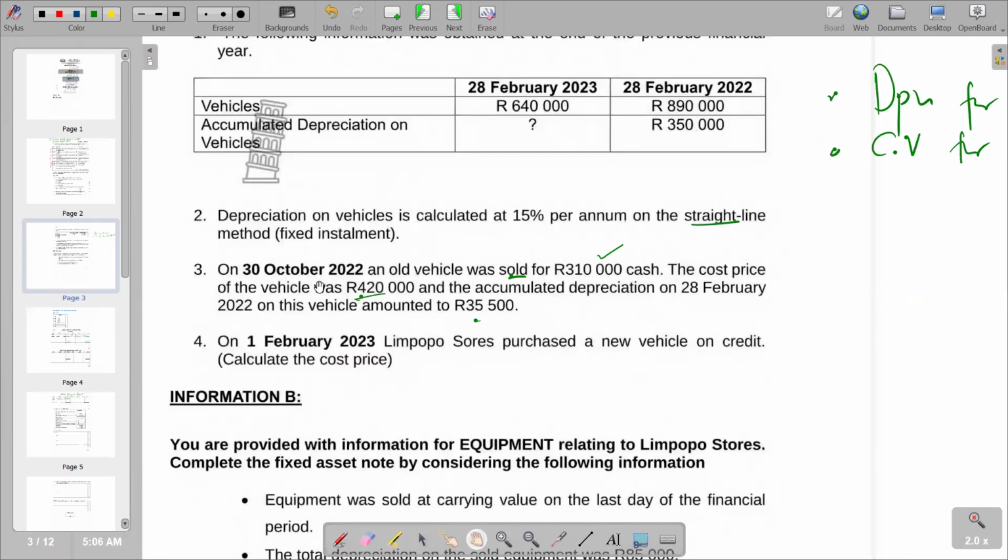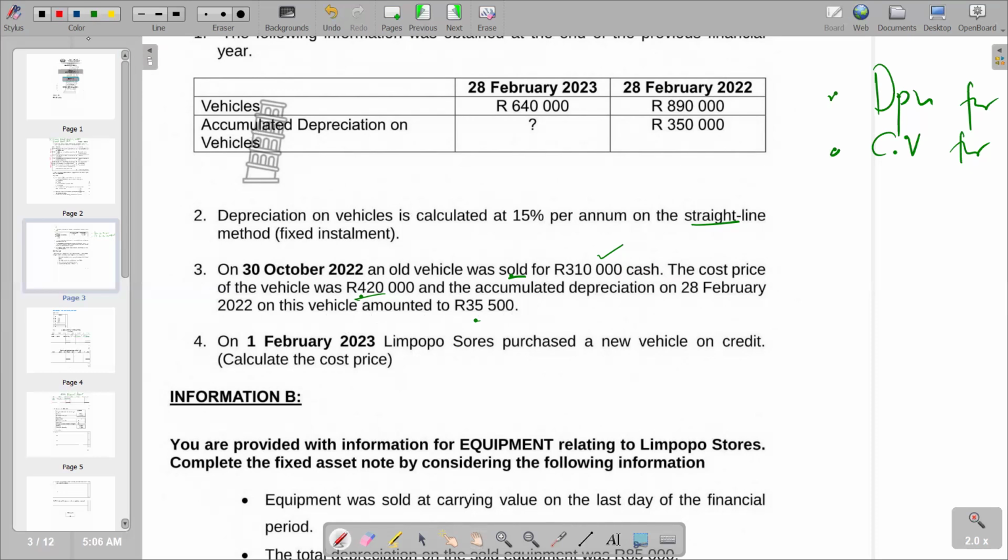So going here now, we see that the next aspect that we have is on the issue of depreciation. We've got depreciation of the non-current asset disposed. So if you come here, you see that we are told that it was sold for 310,000. The cost price of the vehicle was 420,000, and the accumulated depreciation on 20th February 2022 on this vehicle amounted to 35,500.